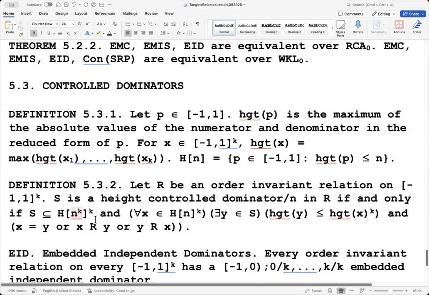But it's correct. And for every X in this space, I can find a Y in S such that the height of Y is at most the height of X to the kth power. Maybe I got it right now.